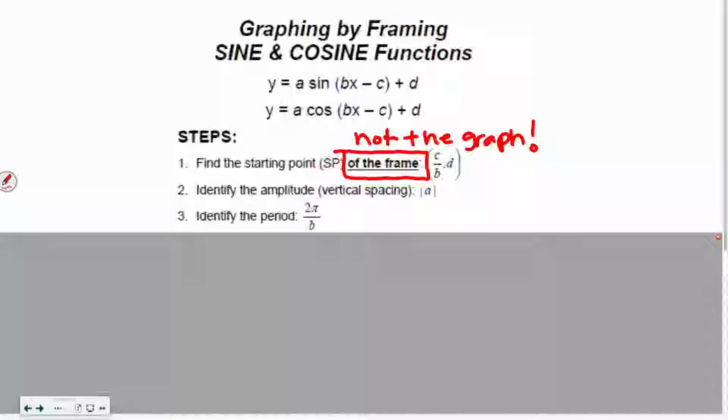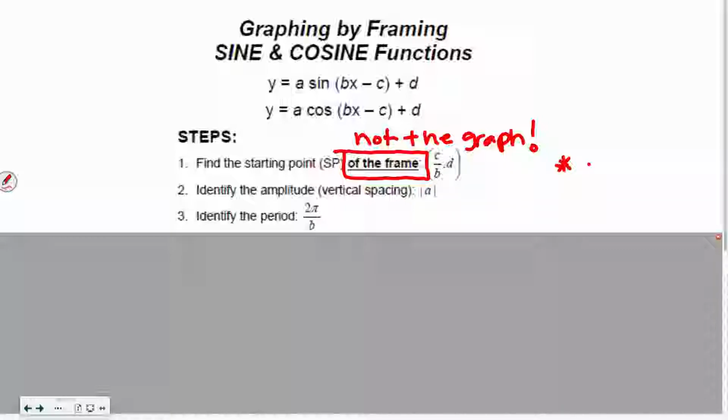Depending on the function that you're drawing, it may or may not pass through the starting point. The starting point does not have to be a point on your graph. It's a point on your frame. More on that at the bottom when we get to those other rectangles.